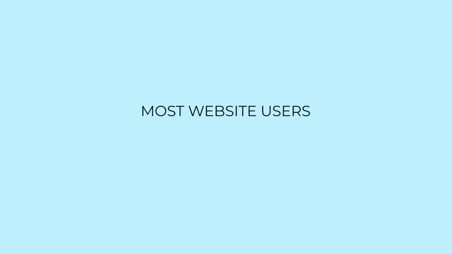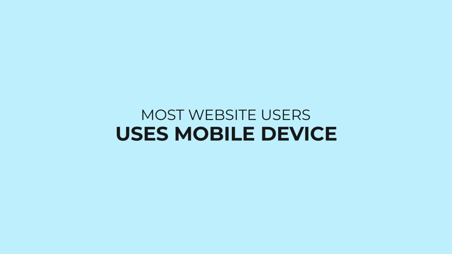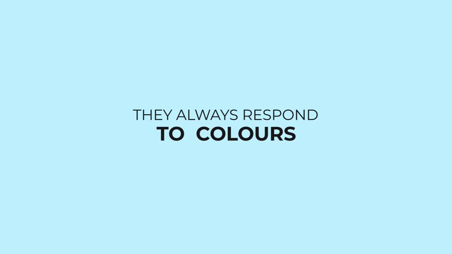Now, the next one is that online users easily have access to information on their mobile phones, or they read information on their mobile phones. So anytime you are building a website or creating something for an online audience, make sure that it is mobile friendly. Now, the last common habit is that online users or web users respond to color.